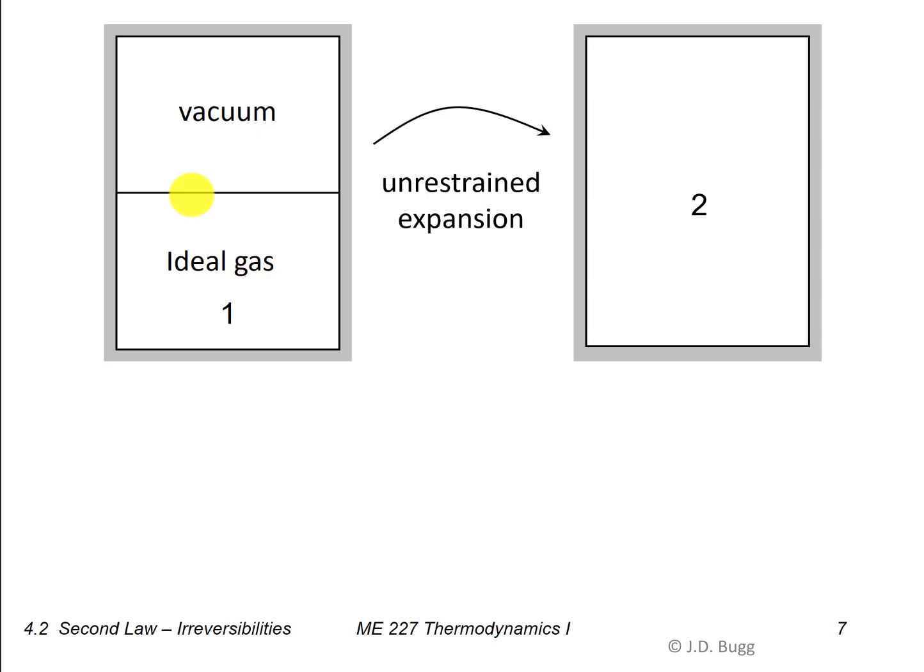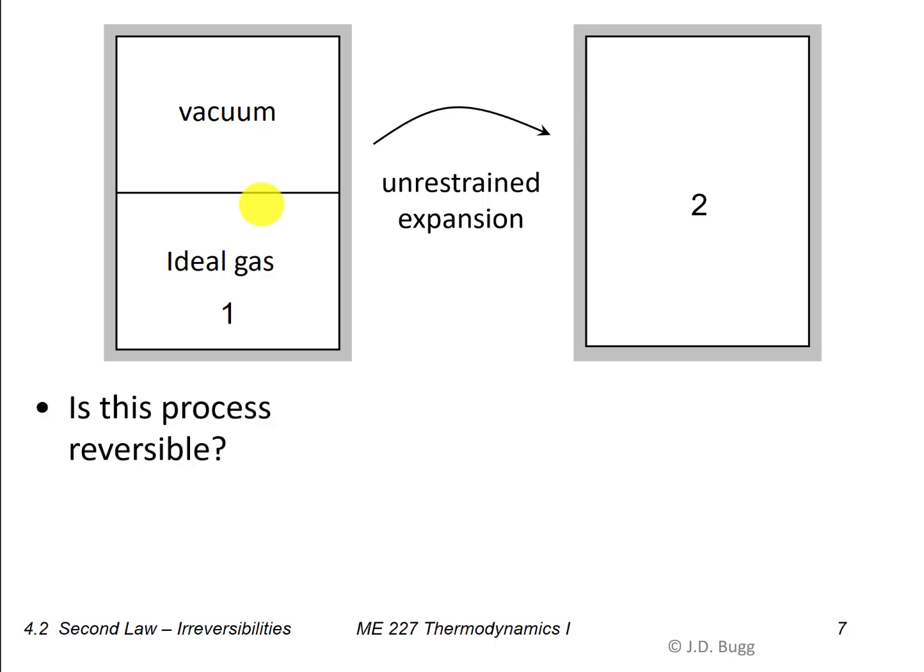So instantaneously this ideal gas finds that it can expand into this whole container, and it does so, and eventually it settles out to a new equilibrium state at 2. So this is called an unrestrained expansion because as this gas expands, it's not pushing on a moving boundary. It's just suddenly free to expand into the entire container.